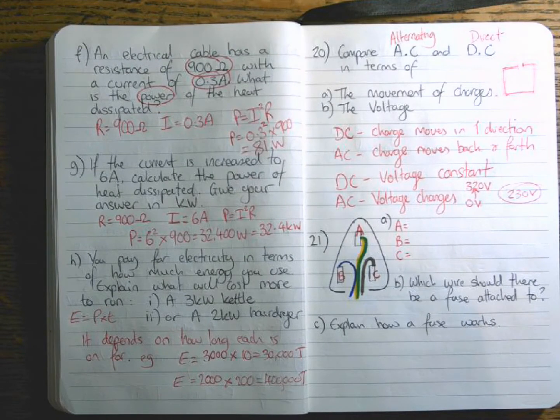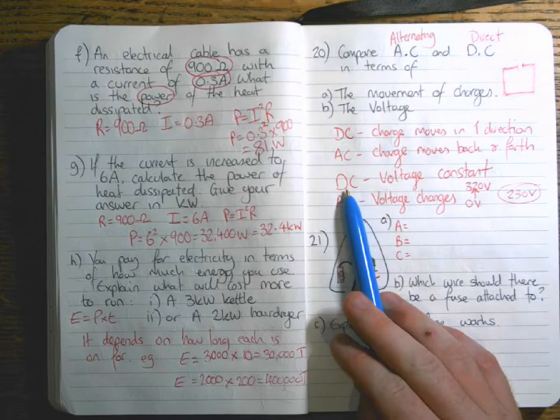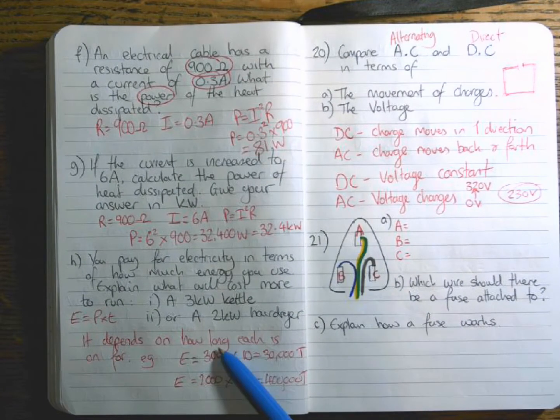You plug something in at the wall, you get 230 volts. That's just an average. Actually, the alternating current is alternating between 0 and 320. So we just need to know that the voltage changes, but for DC it stays the same.